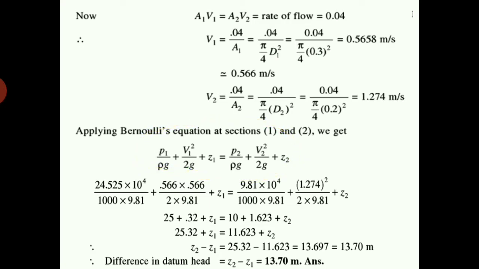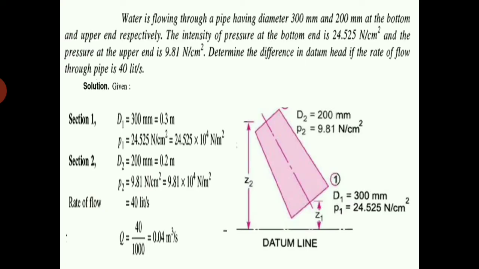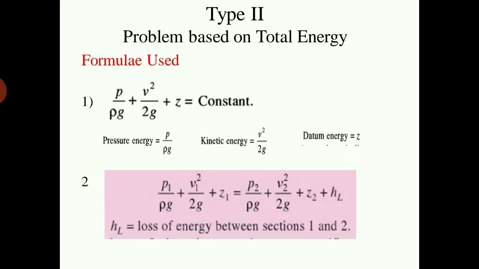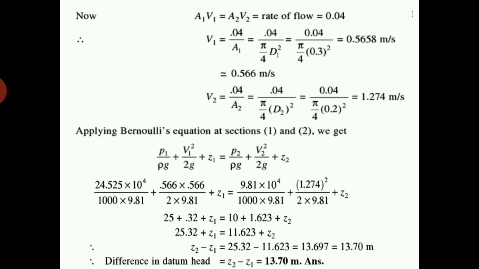Here the pressure at section 1 is known to us, that is 24.525 into 10 to the power 4. We'll be substituting this over here. Then we know the liquid flowing through this pipe is water, therefore rho is equal to 1000 multiplied by 9.81, plus V1 square by 2g. We have calculated the value of V1 over here.